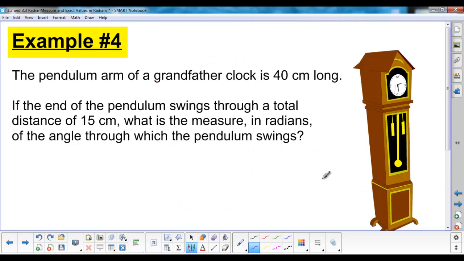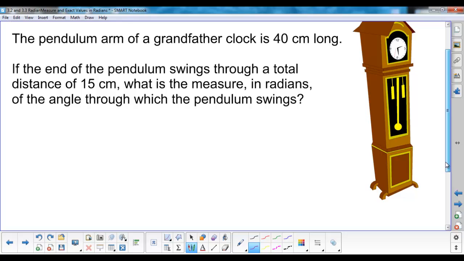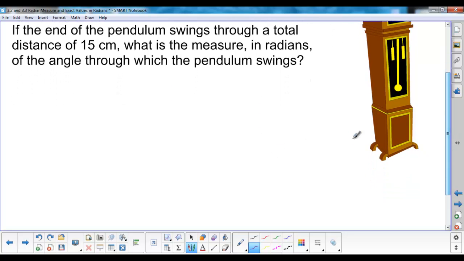Moving on, example number 4 says the pendulum of a grandfather clock is 40 centimeters long. If the end of the pendulum swings through a total distance of 15 centimeters. So imagine having a pendulum, and it swings through a distance of 15 centimeters.